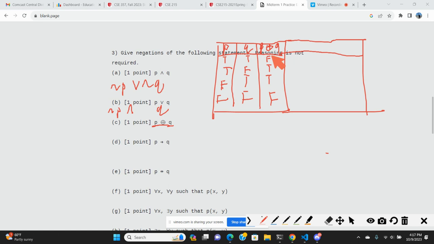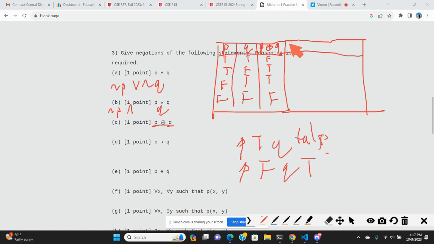So let's see. One of them has to be true. So there are two possible outcomes in which P is true and Q is false, or P is false and Q is true.